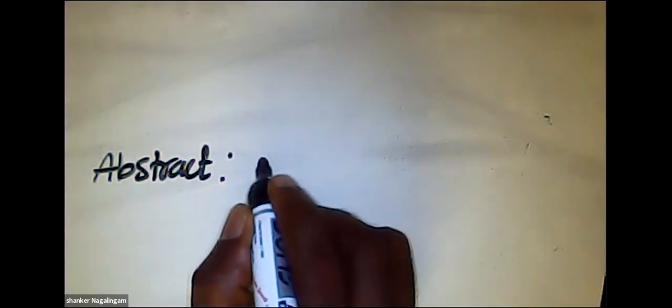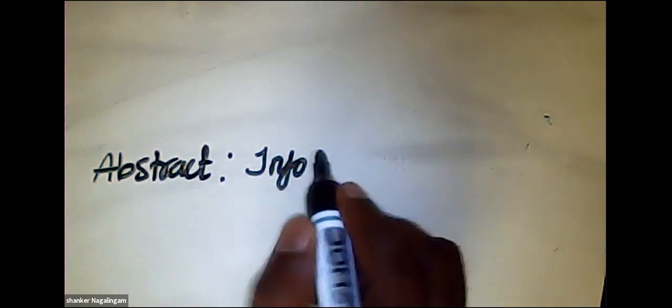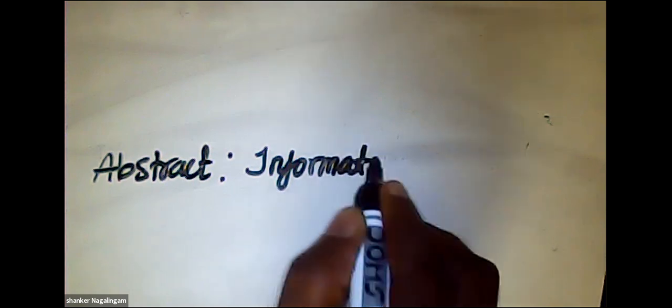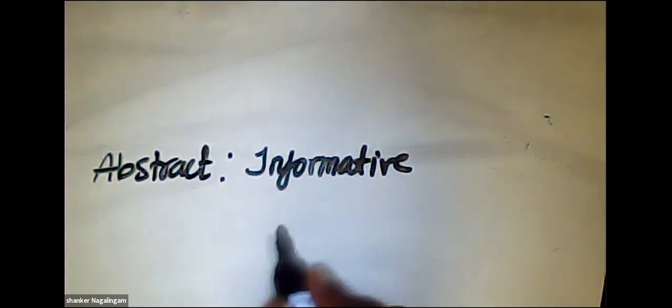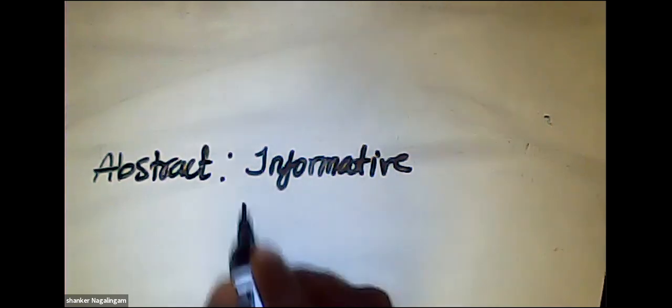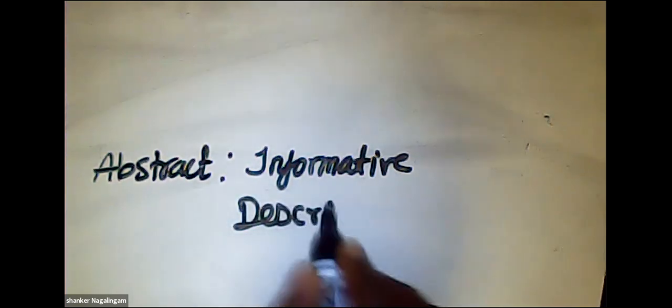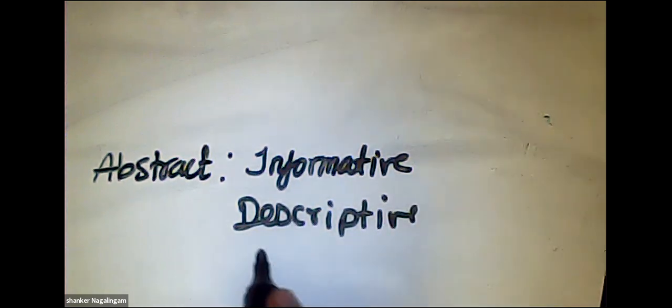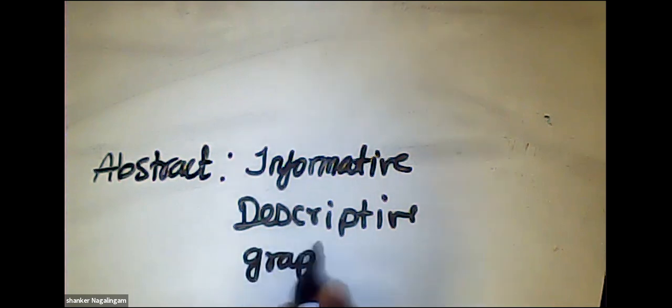The types are the informative abstract, and the descriptive abstract, and they will see the latest abstract, the graphical abstract.